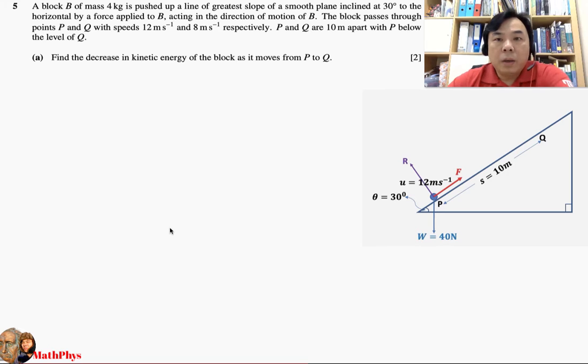All right, welcome back. This is question 5. As usual, we're going to read that through. A block B of mass 4 kg. You can see that there is a block B, mass 4 kg, which is pushed up a line of greatest slope of a smooth plane inclined at 30 degrees to the horizontal, by a force F applied to B. So this is B here.